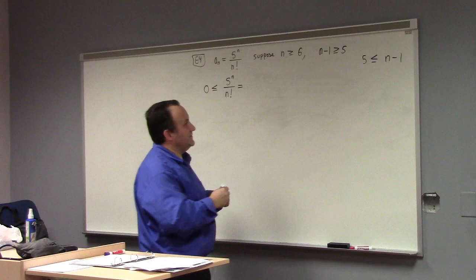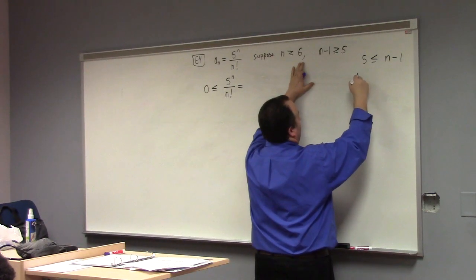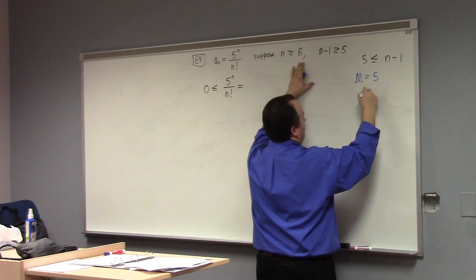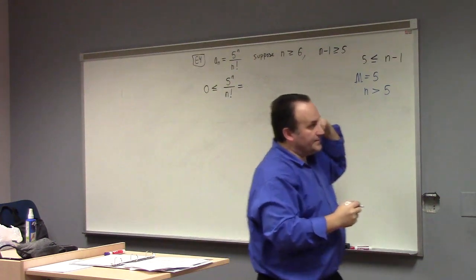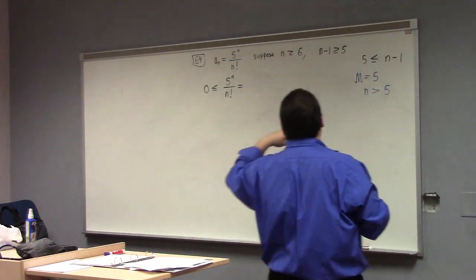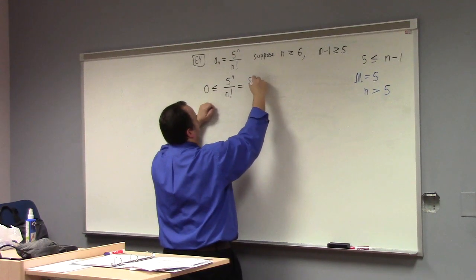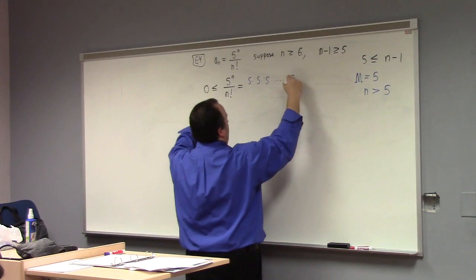I would choose m equals 5. So basically, think about m equals 5, and look at n greater than 5, I think, is the construction. And so we'd have what? We have 5 times 5 times 5, 5.